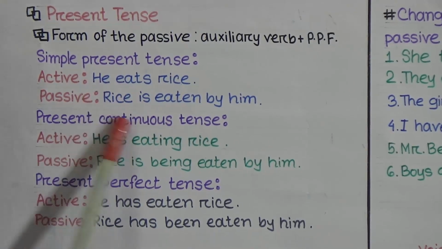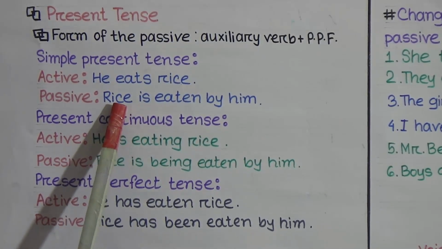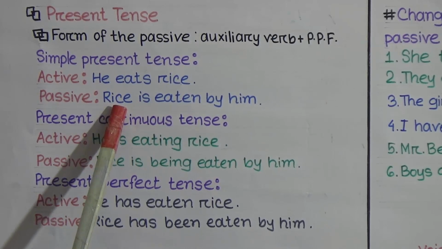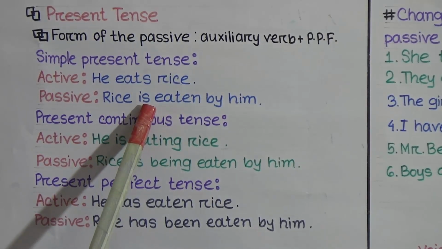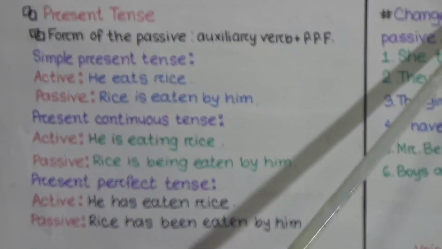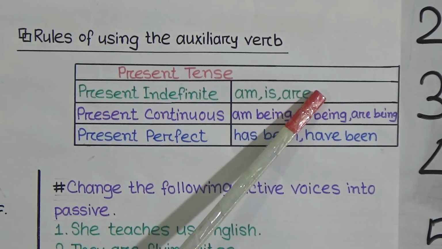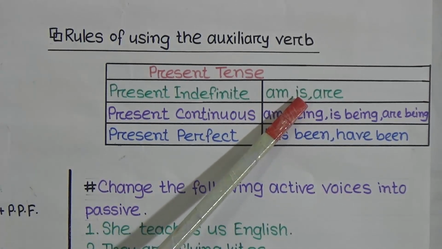Is the word rice singular or plural? This is singular. So for a singular subject, we have to write a singular verb. We can't write "rice are" or "rice am." From present indefinite tense, we have to choose a verb. So it must be "is," as the subject is singular. So we have written "rice is."